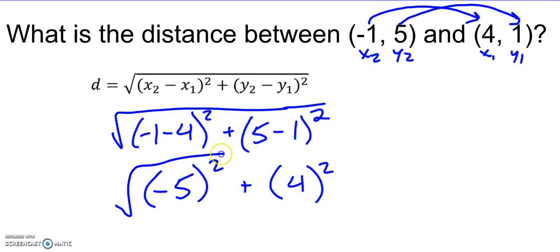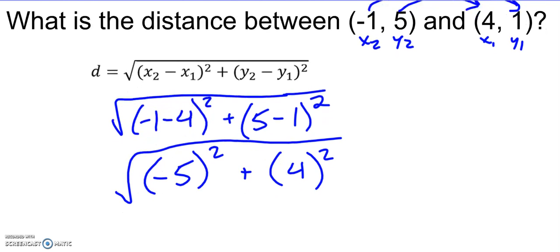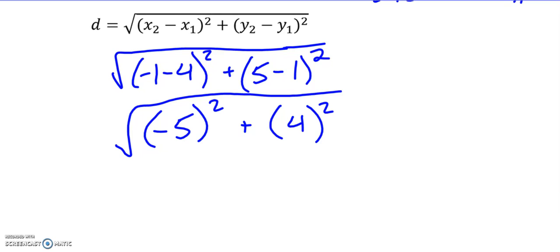And the reason I said here's where it gets a little interesting is because we can see we have a negative inside the square root, which is not possible. But the good thing about the distance formula is that it will always spit out positive numbers no matter what.